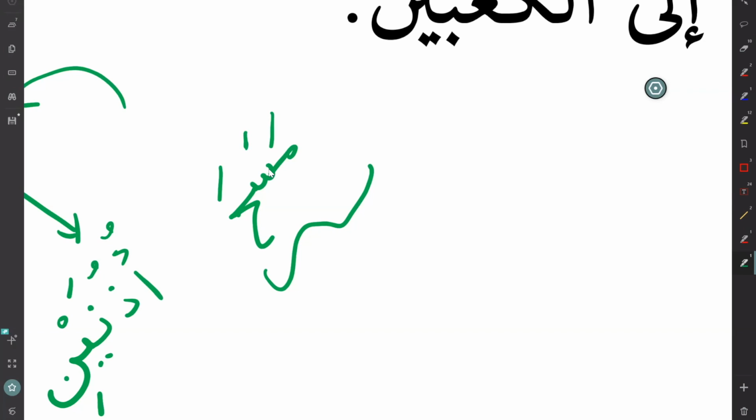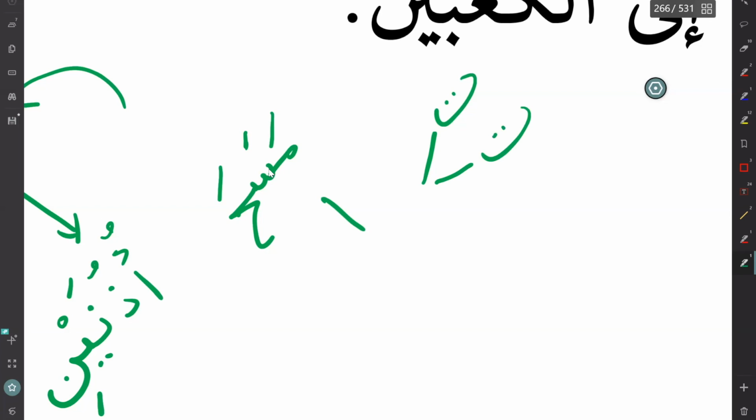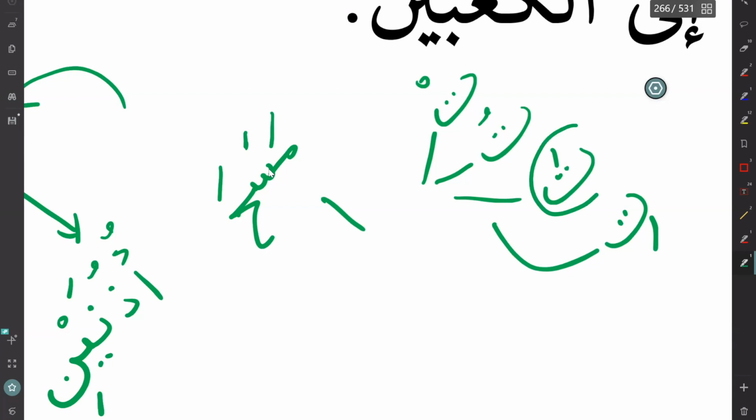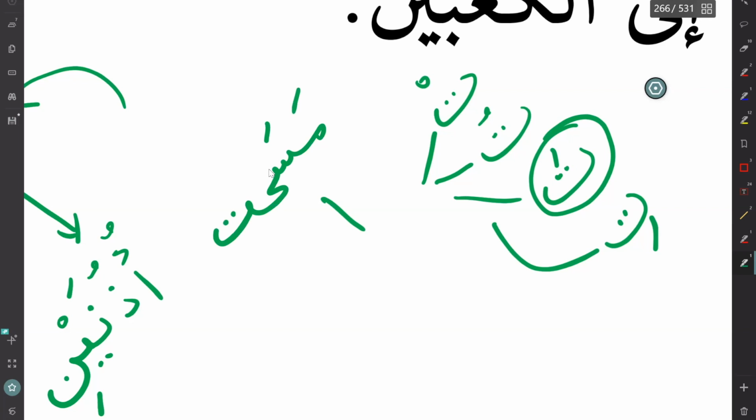What is the pronoun that we use? Masahta. Yes, excellent. The pronoun is ta, because remember, there's a lot of tas, and these tas are super important, right? The sukun, then we have tu, then we have ta. This ta is for you masculine. So you will say masahta.